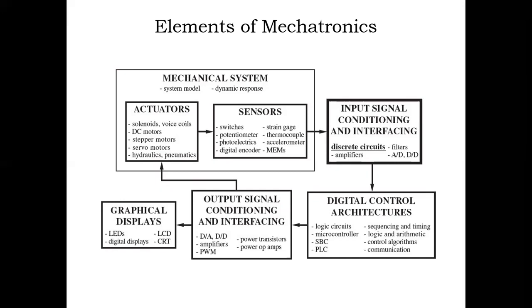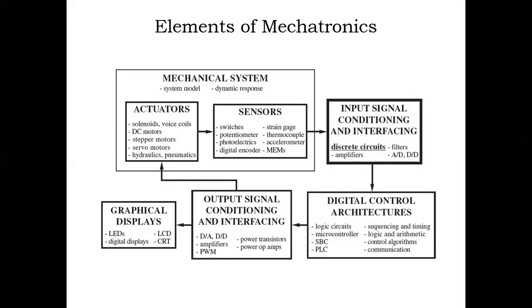Then input signal conditioning and interfacing. Most of the sensors give an output of normal voltage, that is, they produce an analog signal only. But the processor cannot process the analog signal because of noise, so we need to convert the analog signal into digital.